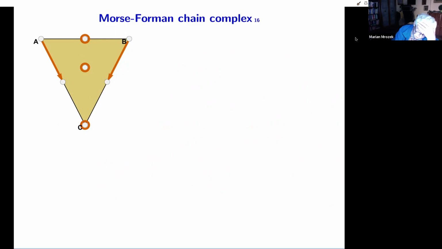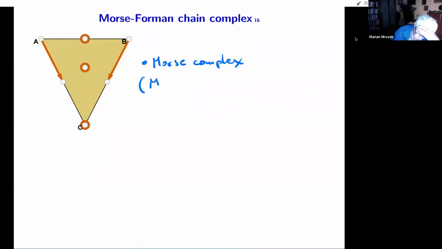And this result, based on homology theory in Morse theory, says that you can construct a Morse complex. So this is an abstract chain complex, the Morse complex.